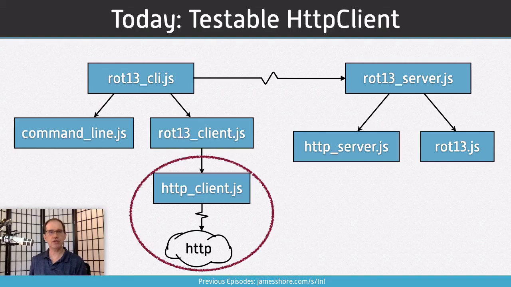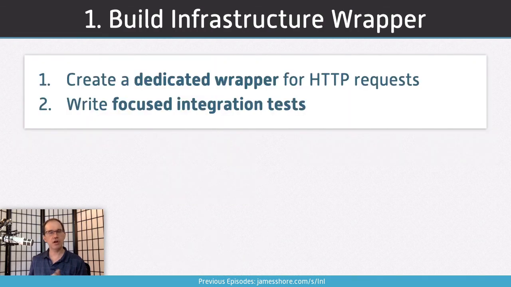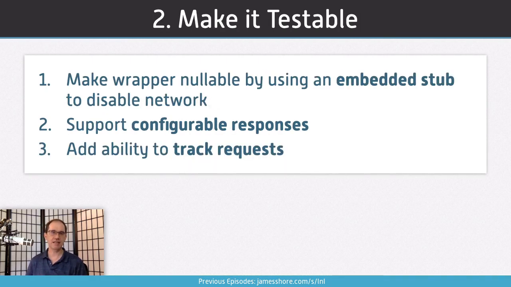Specifically, what we're going to do today is we're going to start out by building that infrastructure wrapper. And again, you can find that in the Application Infrastructure episode. And then we're going to write focused integration tests around that. So we're going to test that it works for real. And then we are going to make it testable. We're going to make that wrapper nullable by using an embedded stub to disable the network.